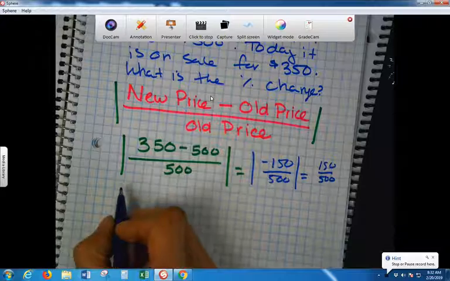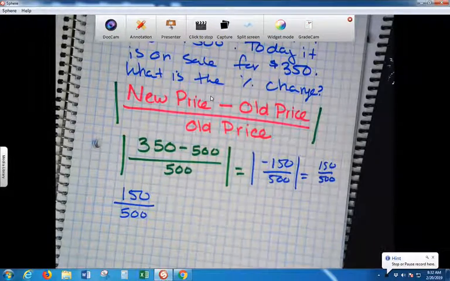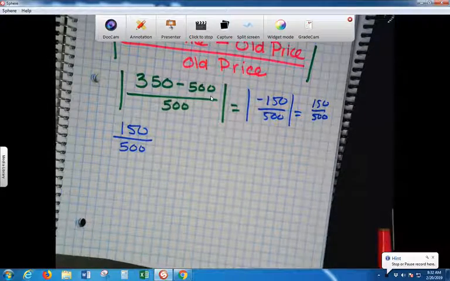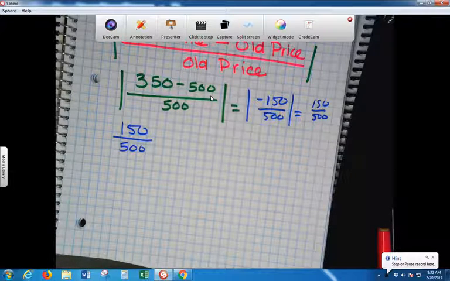So it's 150 over 500. I'm going to write it over again so I have more room. We have to change this into a percent. I want a percent. You could turn it into a decimal. From right here, now it's up to your brain to figure out what do I want to do? Because you could simplify this. You can set it equal to 100. You can divide it.